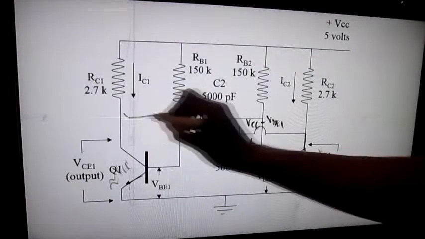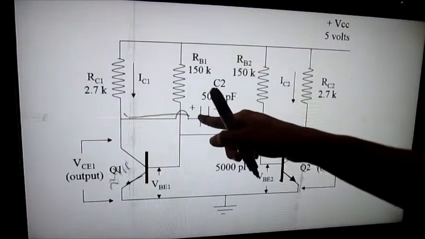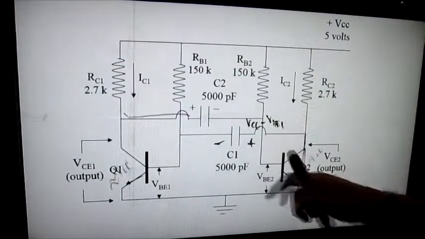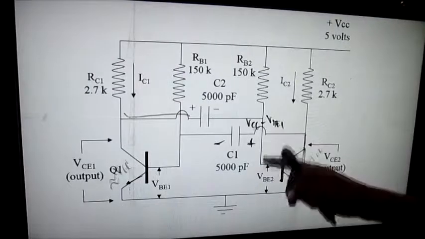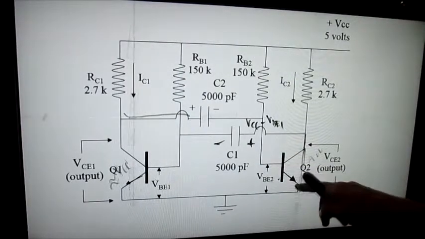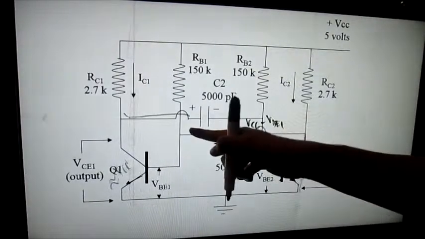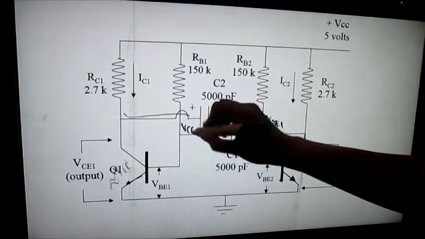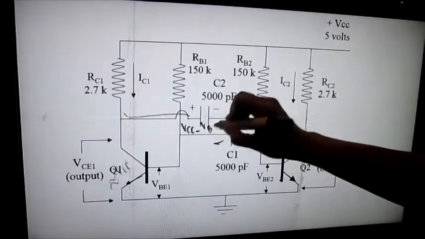At this point, when the collector to emitter voltage of Q1 is around VCC, C2 then charges. C2 charges through the path RC1, the base of Q2, and ground. The voltage that is charged to C2 is VCC minus VBE2.